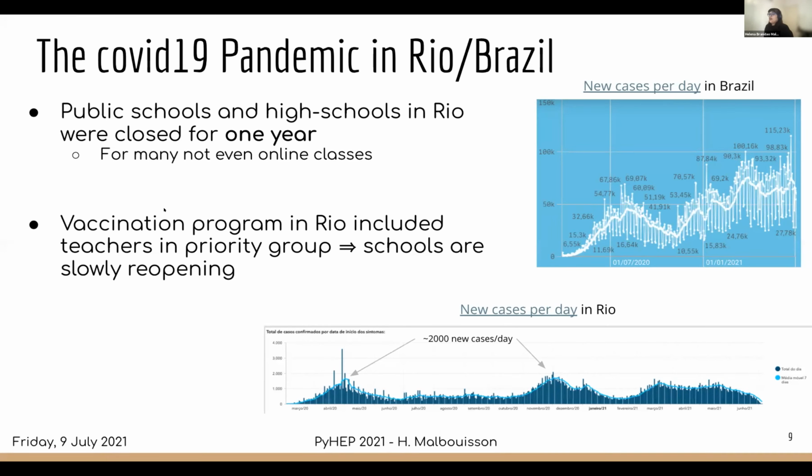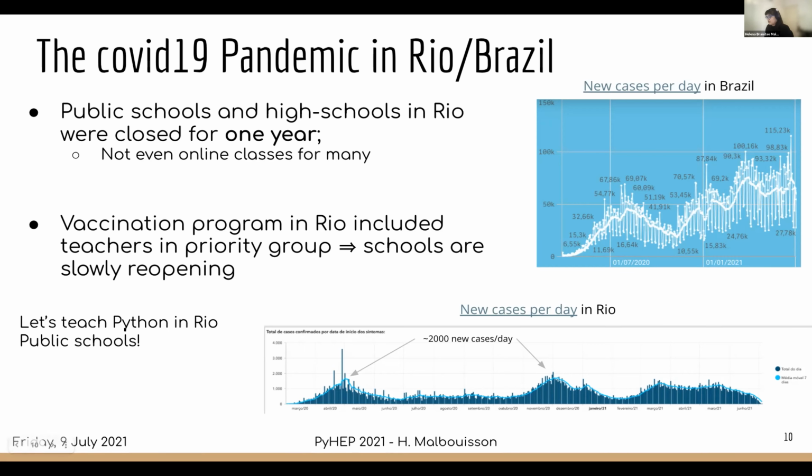But now the vaccination program in Rio has included the teachers in the priority group of vaccination. So in principle now, all the teachers from all schools and high schools are vaccinated, and the schools are again slowly reopening. So that gives us some sort of hope.